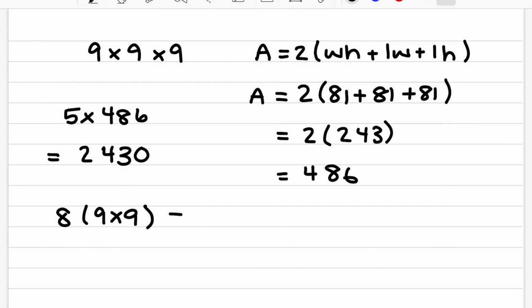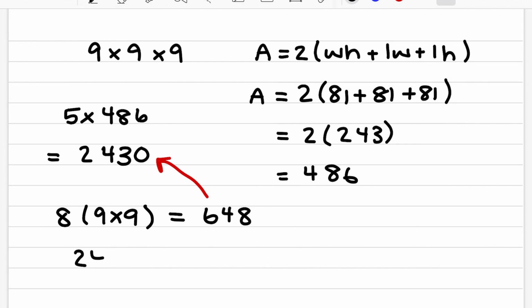So we can do 8 times 81 is 648 that we need to subtract from our total area, right? Because those aren't being counted once all of the cubes are together.